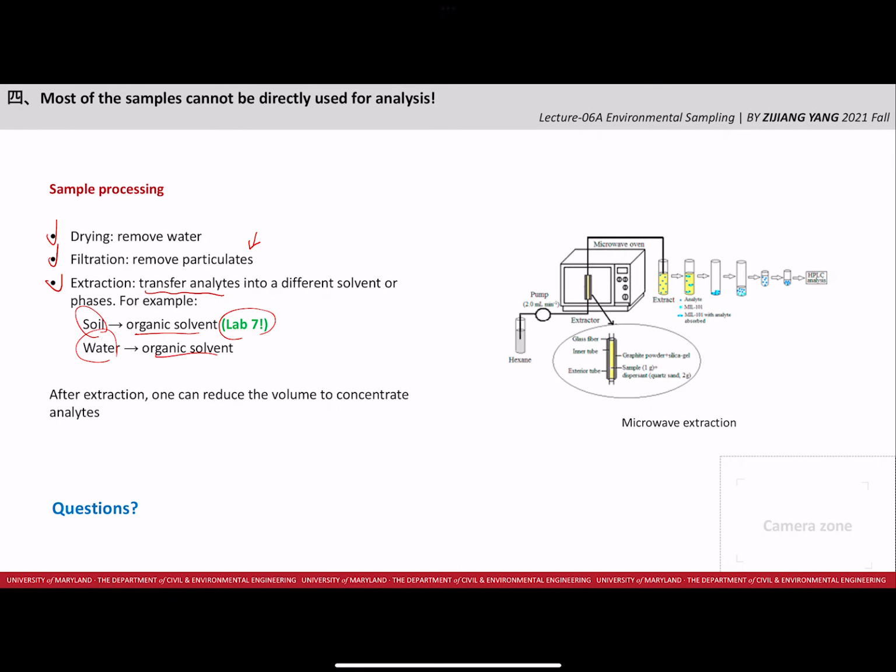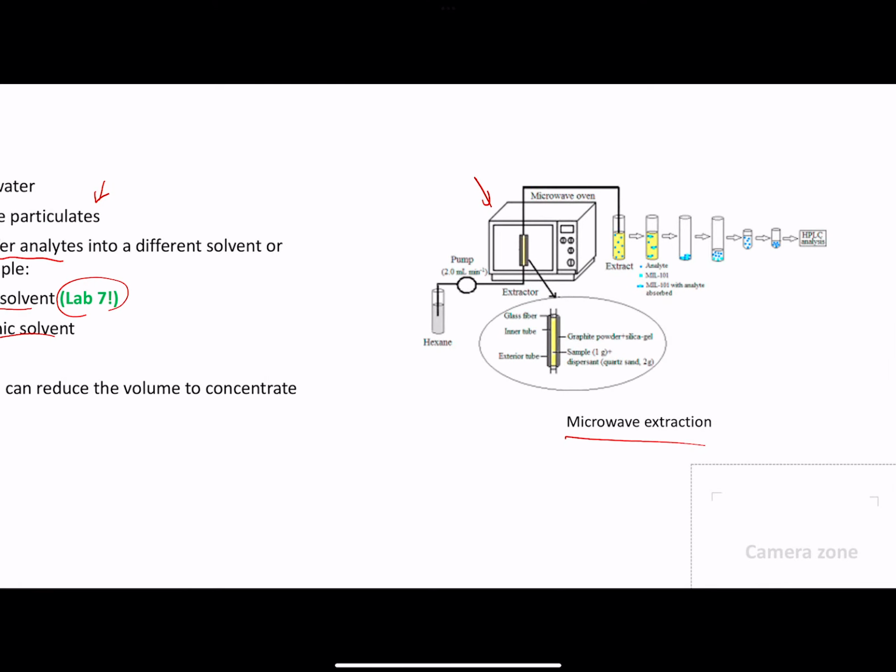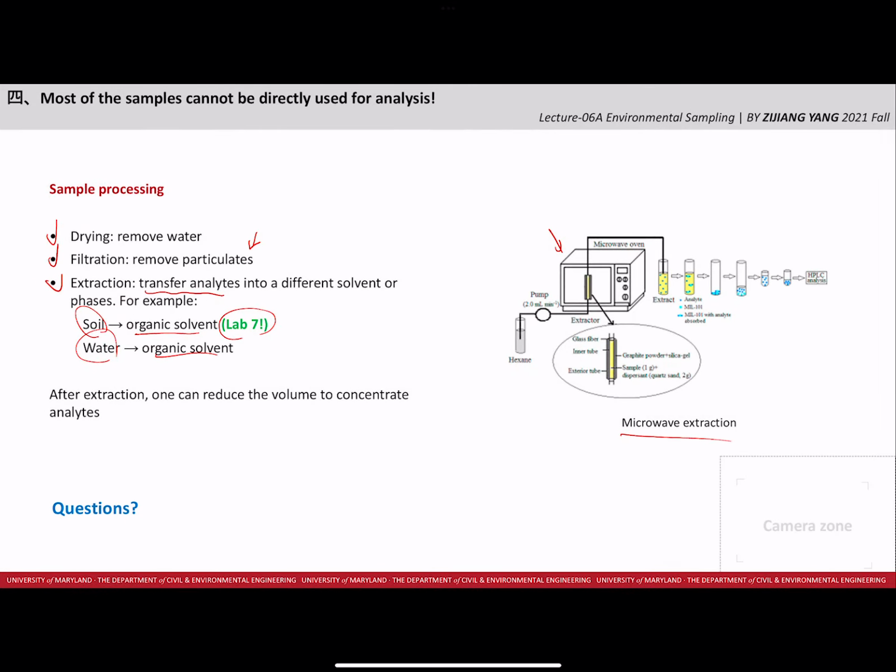For the extraction method, we are going to use microwave extraction. But this microwave is not the microwave that we use in the kitchen. So please don't put your food in that microwave. We are going to use this microwave to do the chemical extraction of the organic pollutant.